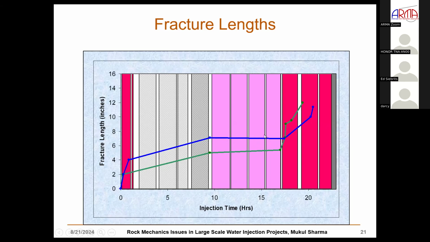So the effectiveness of the particles at plugging the face of the fracture controls the rate at which the fracture grows. Here, the fracture grows very fast because this particular type of particles is extremely effective at plugging the face of the fracture, and that causes these fractures to grow extremely quickly.